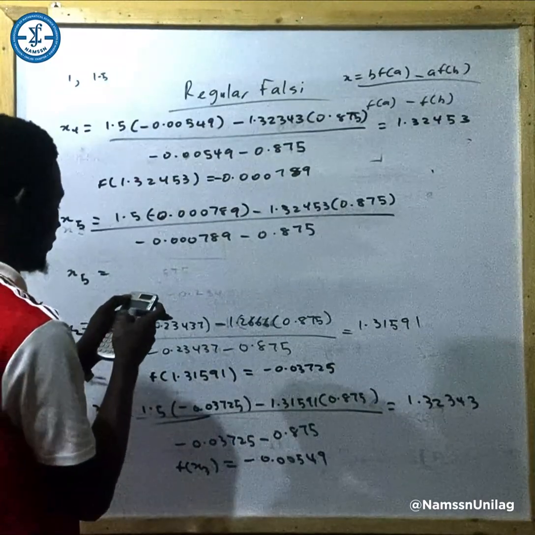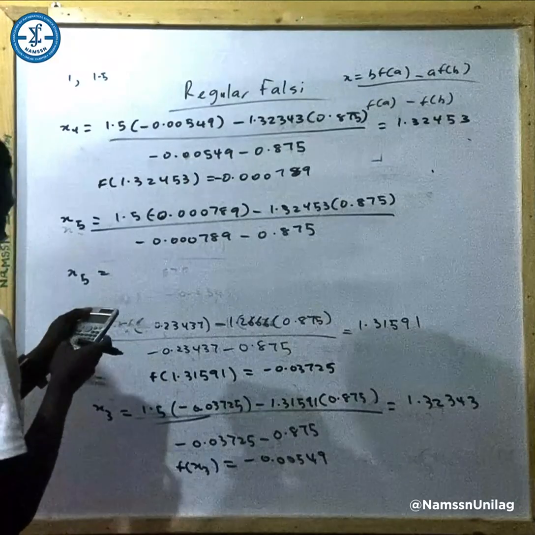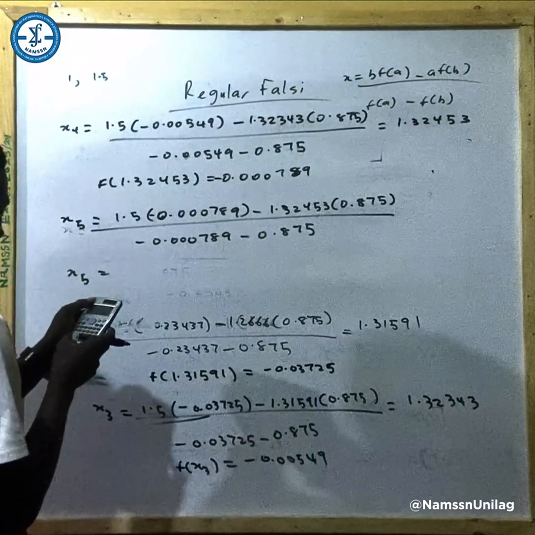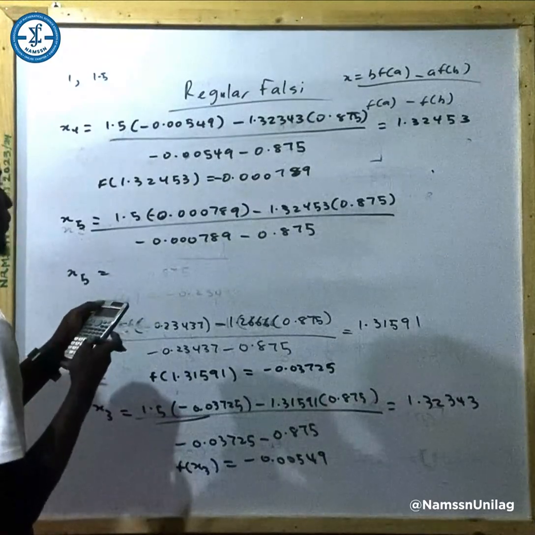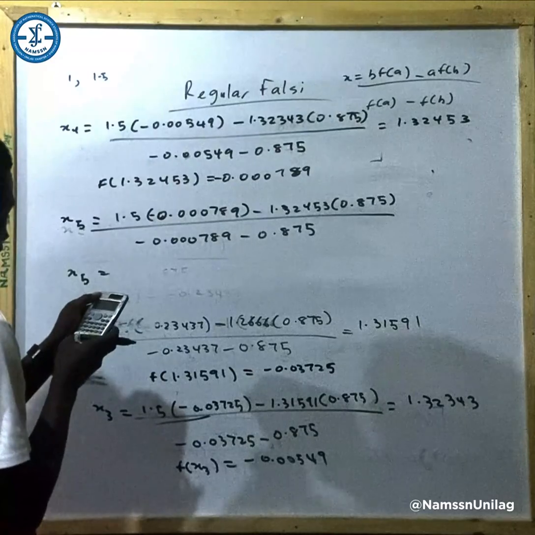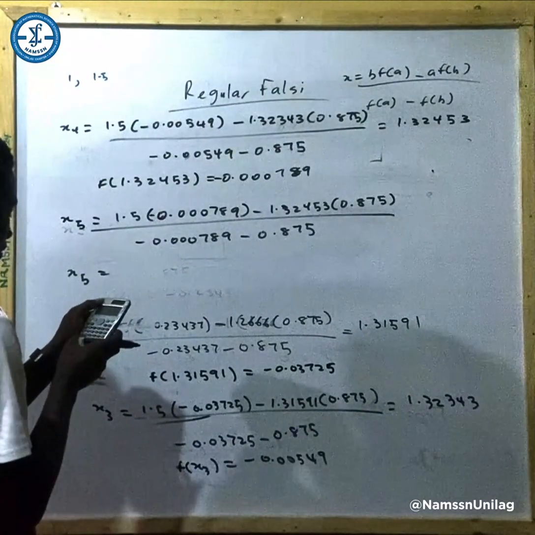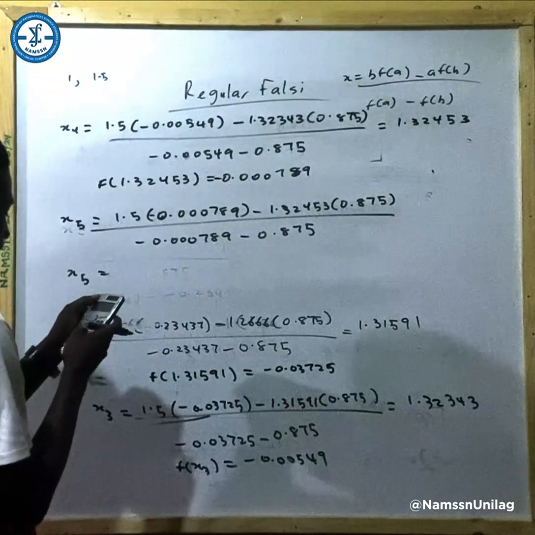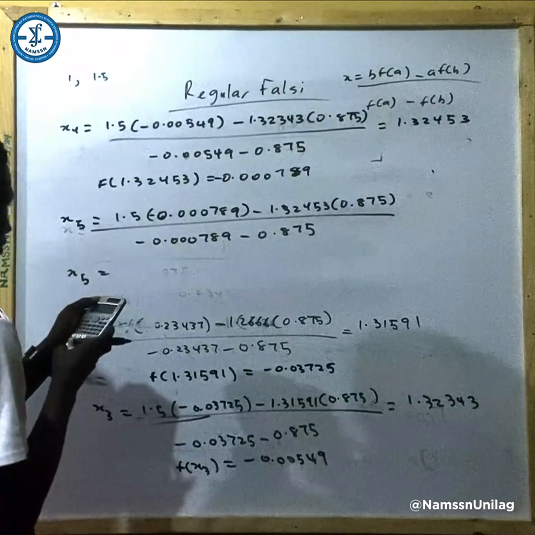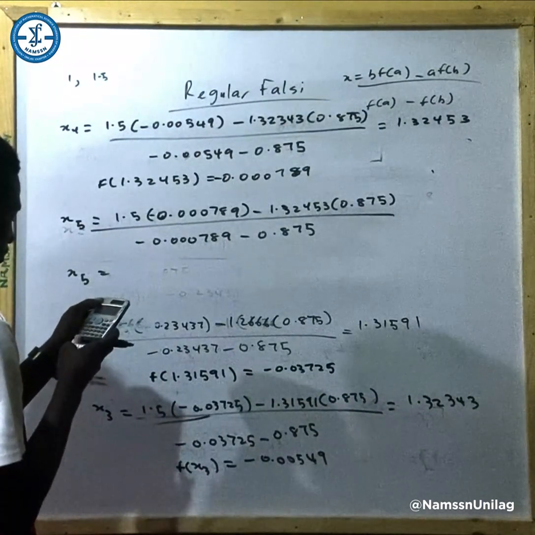Oh, mistake somewhere. So I'll do it again. So in brackets minus 0.000789 minus 1.32453 bracket 0.875 over minus 0.000789 minus 0.875.